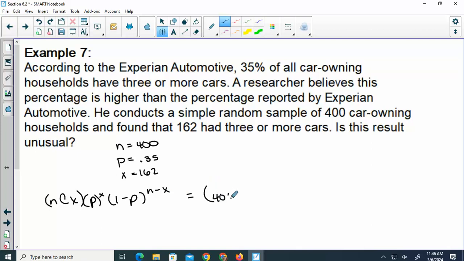So this would be 400 choose 162, 0.35 to the 162nd power, 1 minus 0.35 or 0.65 to the 400 minus 162.